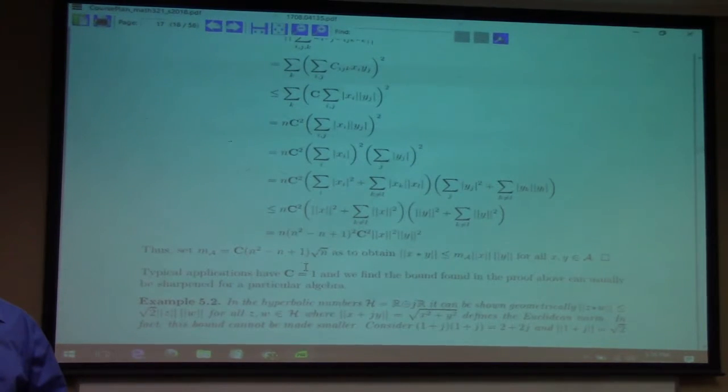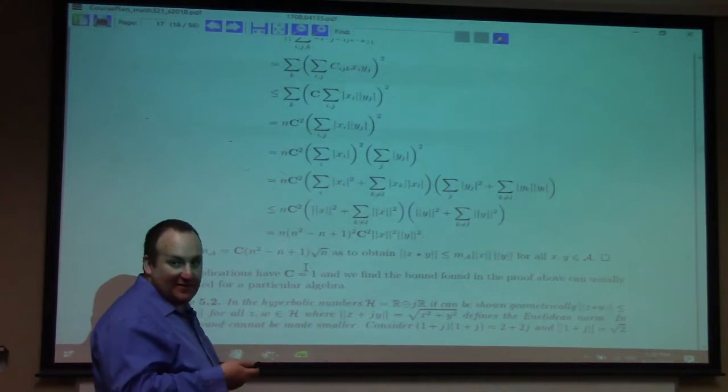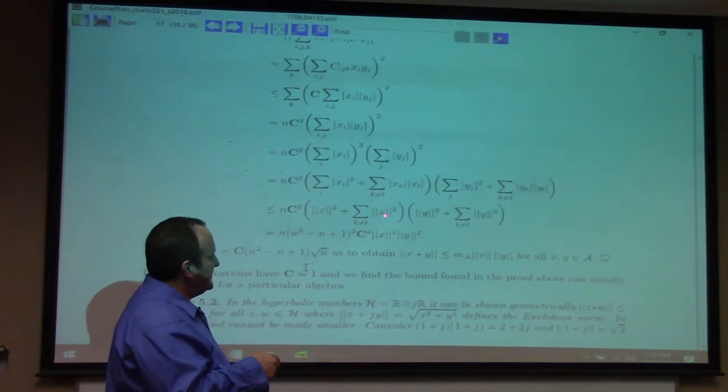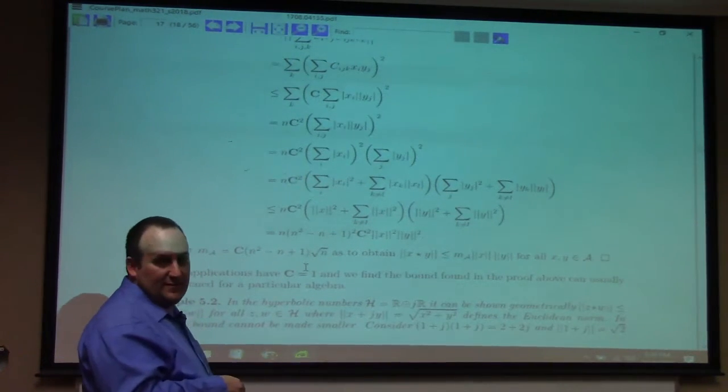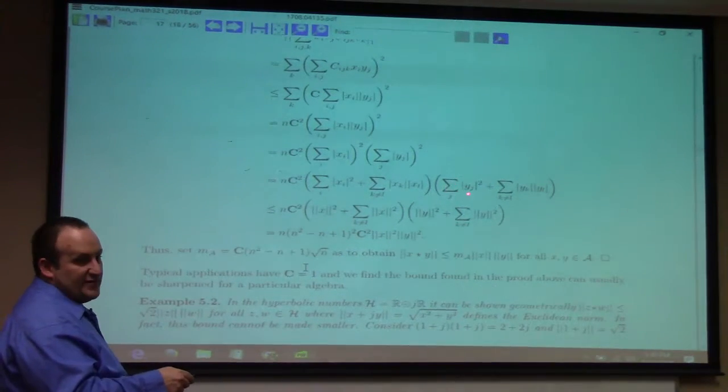Working in a basis where that is not true is possible, but unpleasant. I like my basis to be pleasant. I've constructed it so that this is the case. So each one of these is less than the norm of x. I get norm of x squared, norm of y squared.